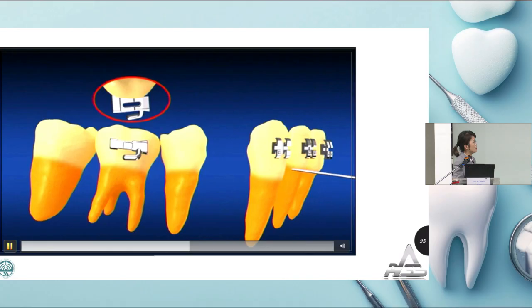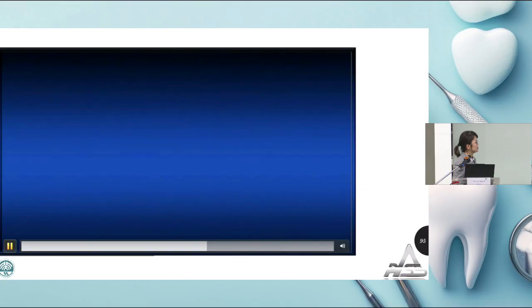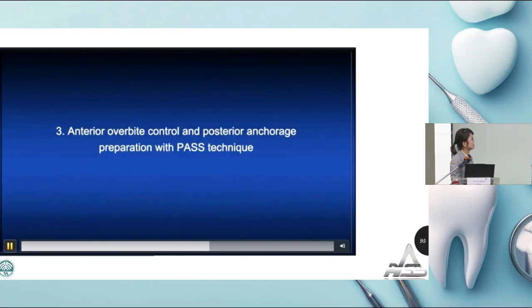In the lower arch, we use a piggyback hole. That's the main tube. That's the piggyback tube. The anterior overbite control and posterior anchorage preparation.